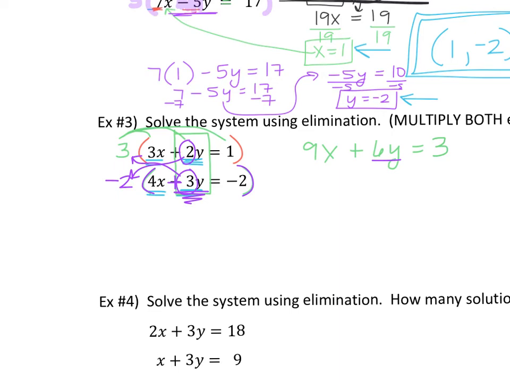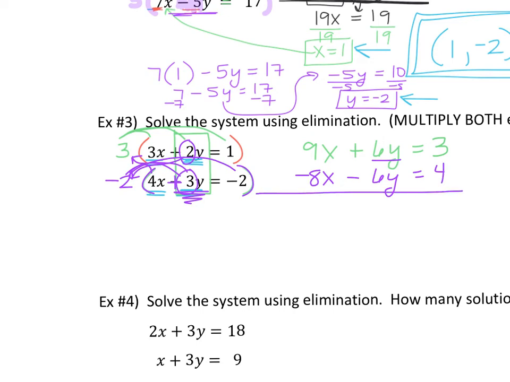So this would be negative 8x, this would be negative 6y, and this would be a positive 4. Negative 2 times negative 2 is 4.